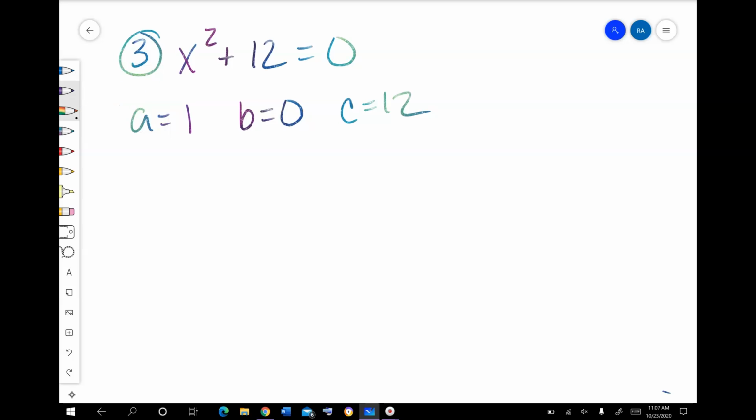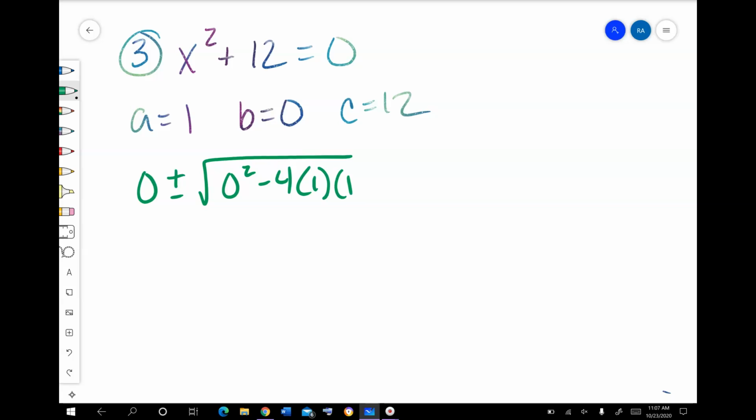Let me change colors. There we go. All right. So let's plug this in. Opposite of b, plus or minus the square root of b squared minus 4 times a times c all over 2 times a. Well, 0. You don't really need 0 because 0 plus anything is just the anything.